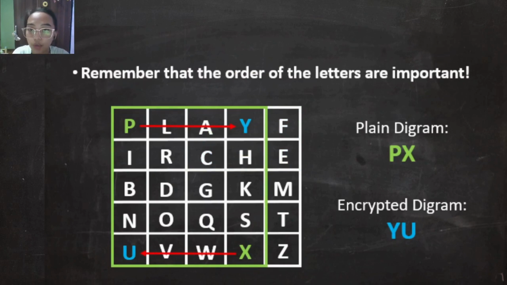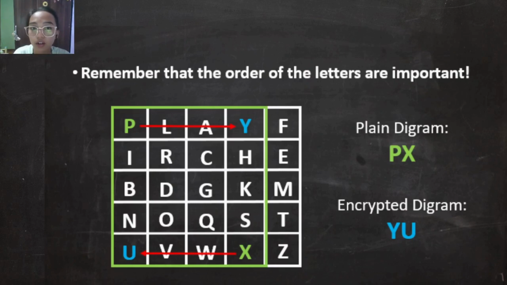And also remember that the order of the letters is important. If the first letter of the plain digraph is P, you would use the letter corresponding, like the letter opposite of it on the rectangle.